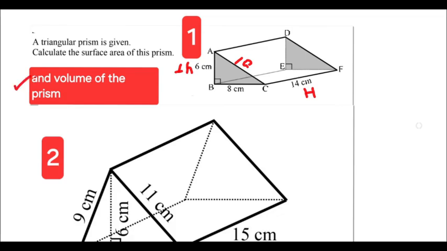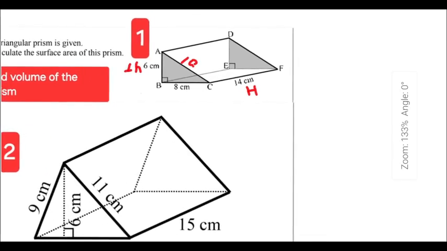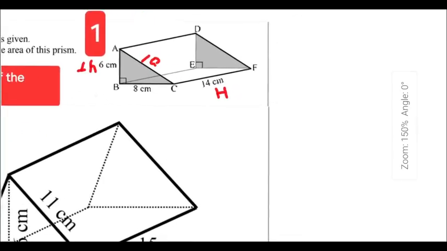Now he says find the volume of the prism. So we need to find the volume of this shape. The volume formula is quite an interesting formula for a triangular prism. Let me show you now.